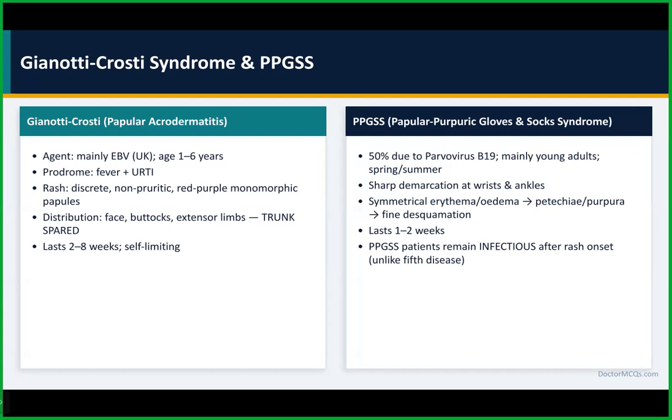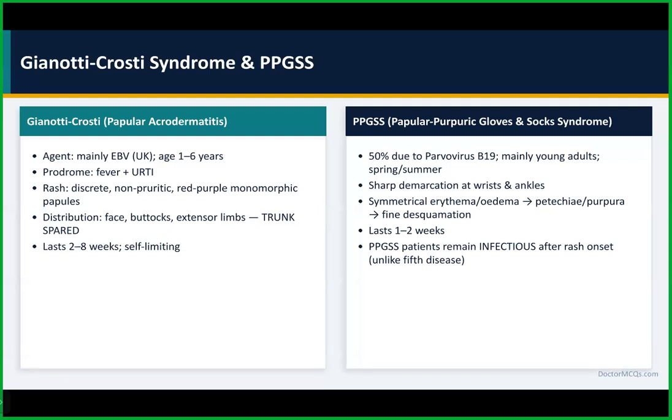Distribution again starts from the face, then goes on to the extensor limbs, and the trunk is not involved. The only condition where you can see the trunk not involved is Gianotti-Crosti syndrome. And this is a self-limiting condition.